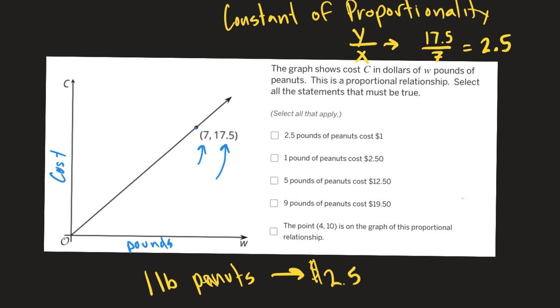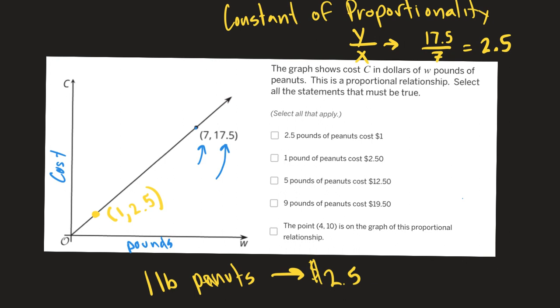That is what the constant of proportionality is. When we have one of our x value, it's how many of our y values. If you look at the graph, for 1, it would give us 2.5.